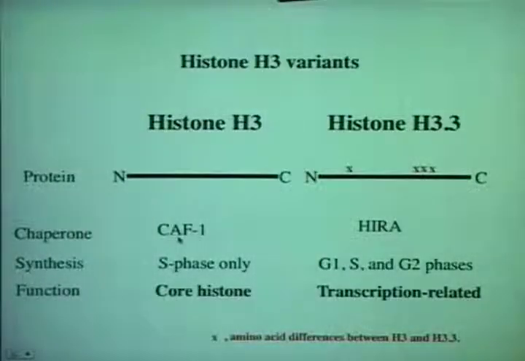Now again, by looking for special components which are abundant in oocytes, one such comes up noticeably, and that's the so-called histone H3.3, which differs only slightly, by 4 amino acids, from the core histone H3, but in other respects it's really very different, has a different chaperone, it's synthesized throughout all cell cycle phases, and its function always seems to be associated with high transcription.